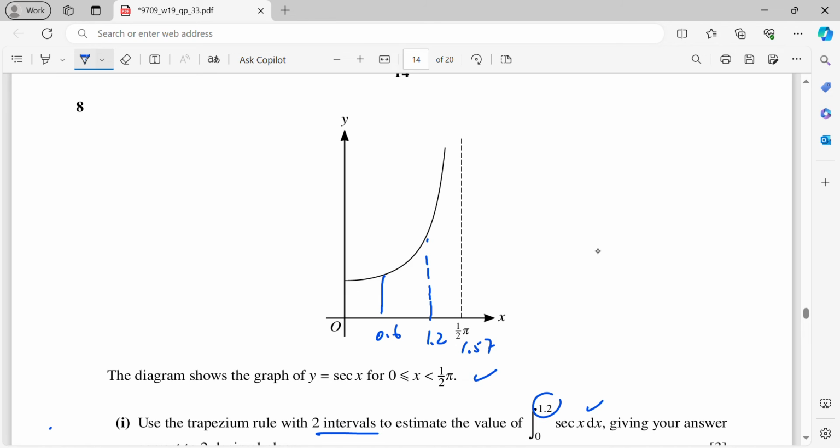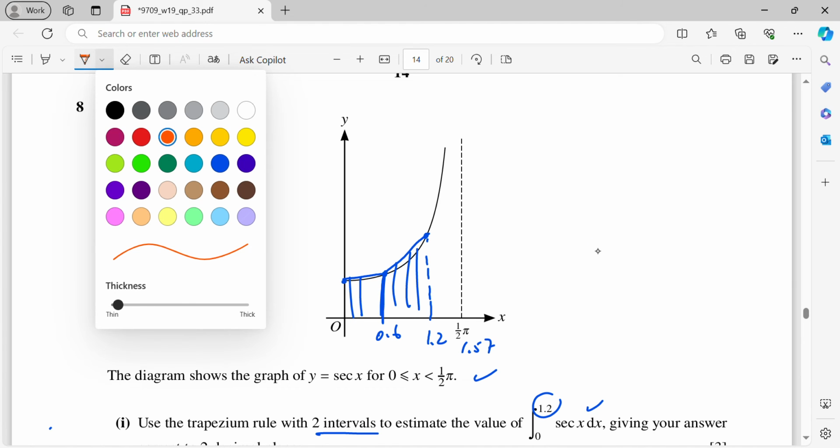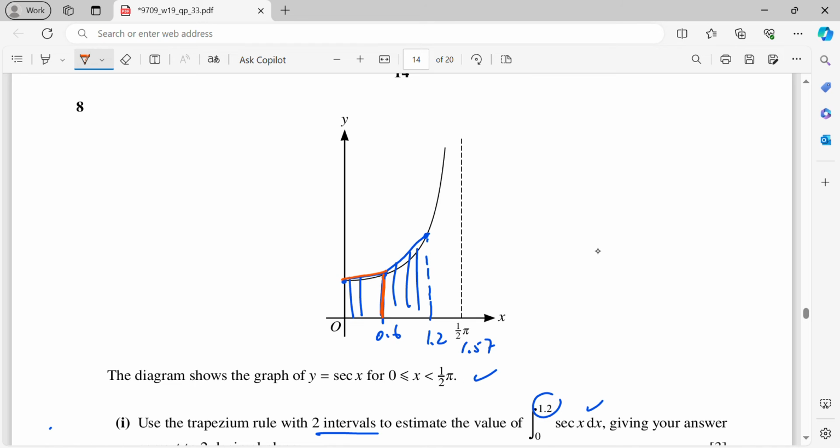So when you draw the trapezium, trapezium means you need to connect these 2 points. Okay, here these are the two trapeziums. The area of trapezium is basically greater than the area under the curve because the integration is the area under the curve.